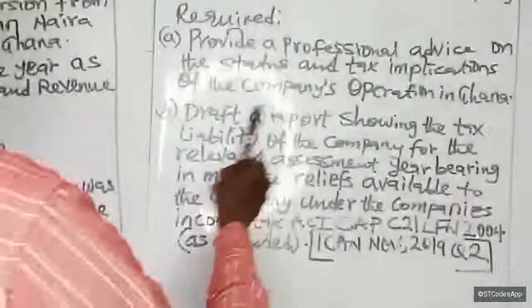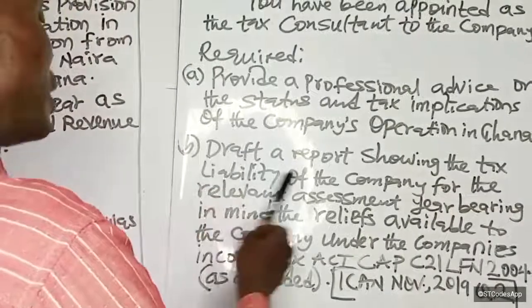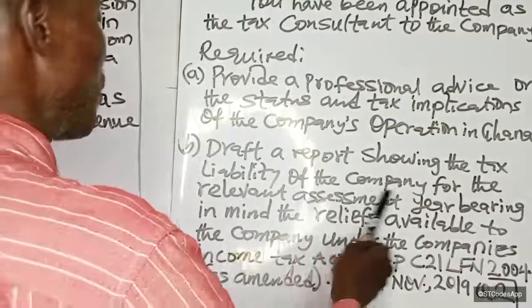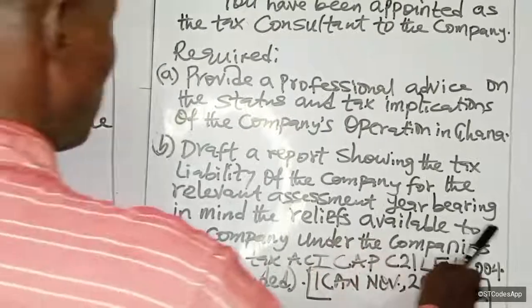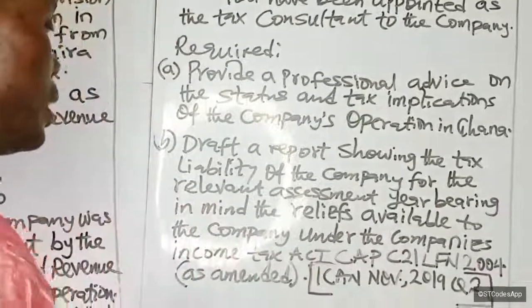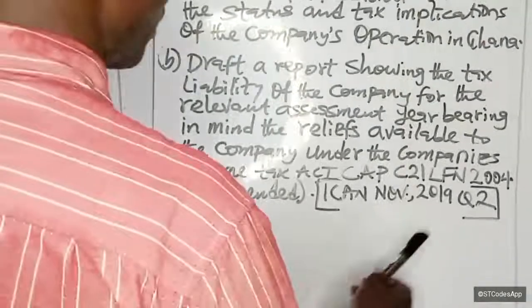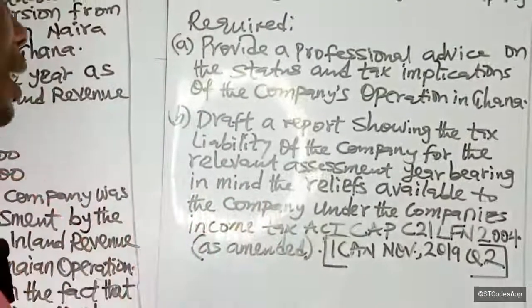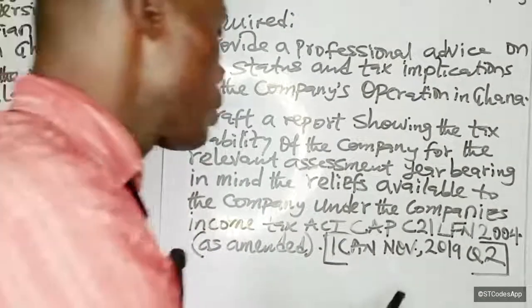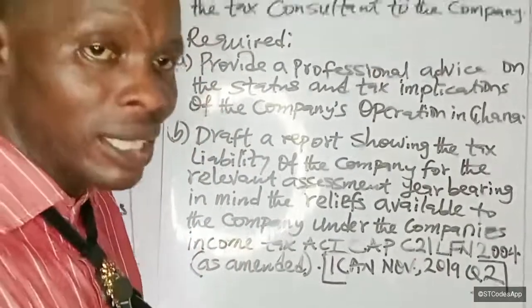B. Draft a report showing the tax liability of the company for the relevant assessment year, bearing in mind the reliefs available to the company under the Companies Income Tax Act, CAP C21, Laws of the Federation of Nigeria 2004, as amended. This question is obtained from ICAN November 2019, question number 2, Advanced Taxation.